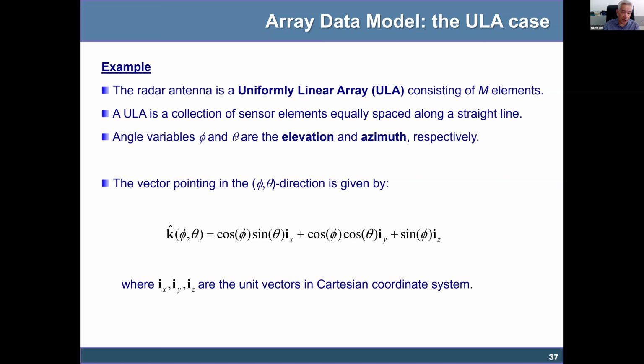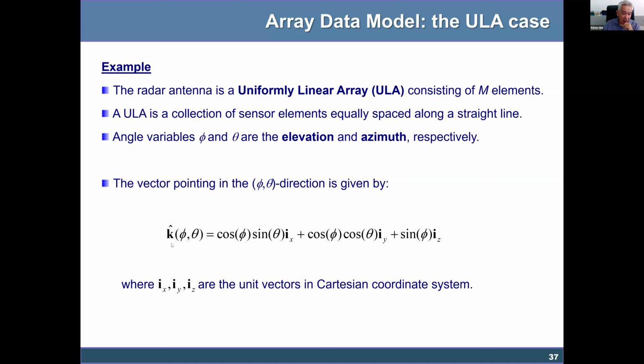So phi is the elevation, theta is the azimuth. Now, let's denote by k hat the unit norm vector that points in the direction of propagation. So let's assume that the direction of propagation of the planar wavefront is characterized by these two angles phi and theta.